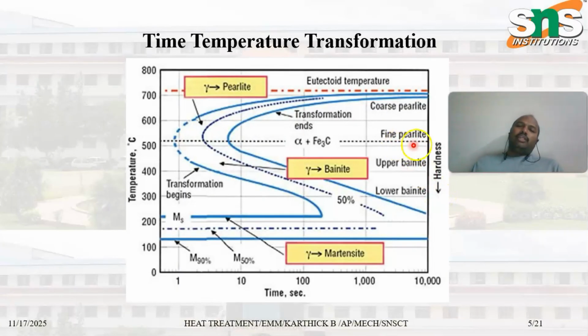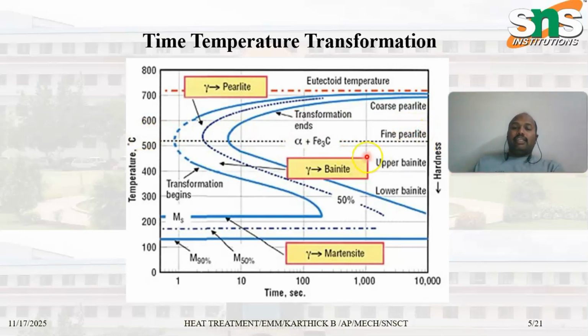Coarse pearlite is due to slow cooling, and comparatively the fine pearlite region is due to the fast cooling process. The fine structure forms because on fast cooling the heat is dissipated or moved out quickly, so the grain growth is stopped there. So comparatively you can get the fine pearlite region at this temperature of around 550 degrees Celsius.